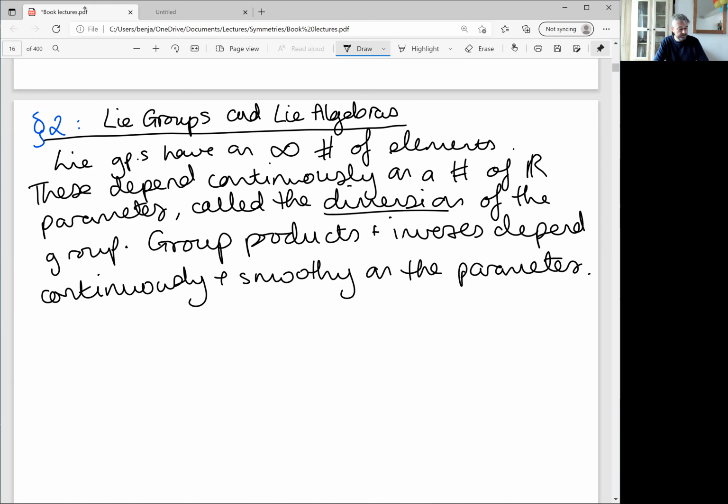So a Lie group G is a smooth manifold, which is also a group with these smooth group operations.